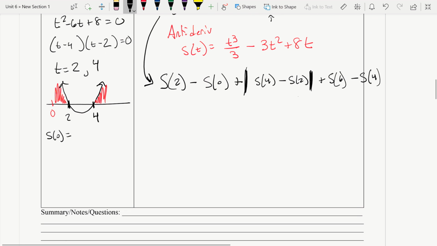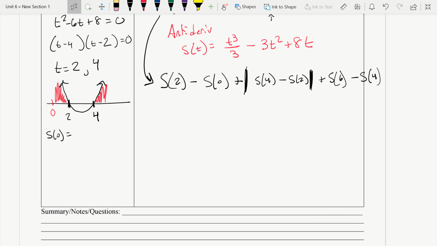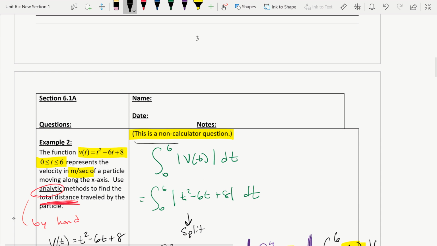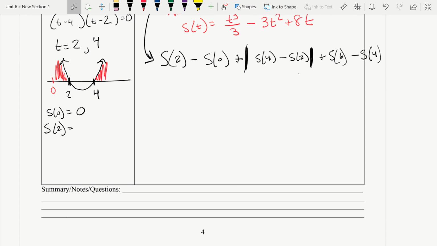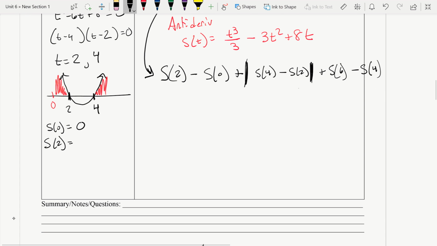So let's see. If I plug 0 into our antiderivative function up there, I'll get 0 minus 0 plus 0. Hooray, 0 is our favorite number to work with, isn't it? If I plug in 2, let's see, it's going to be a whole bunch of thirds, but let's stick with it because it's a non-calculator question. 2 cubed over 3 minus 3 times 2 squared plus 8 times 2.